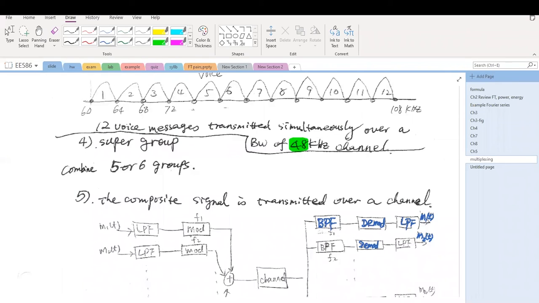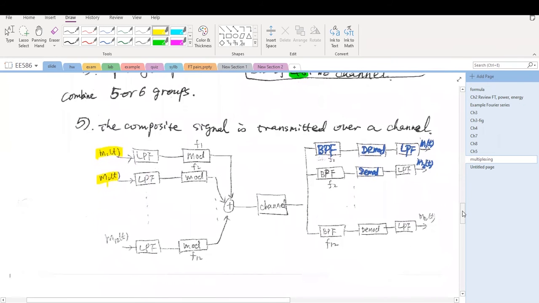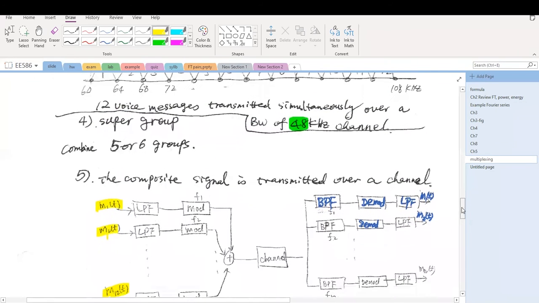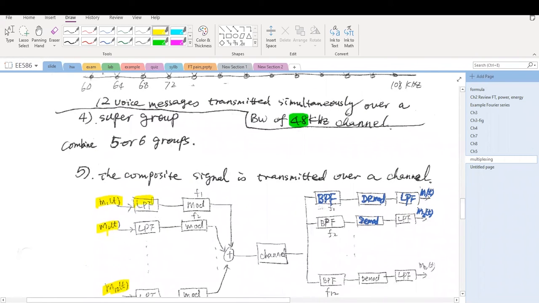Now let's look at the diagram for frequency division multiplexing. We have different users' messages, M1(t), M2(t), and so on, up to M12 in this example. I'm sorry for the blur. First each message passes through a low pass filter.